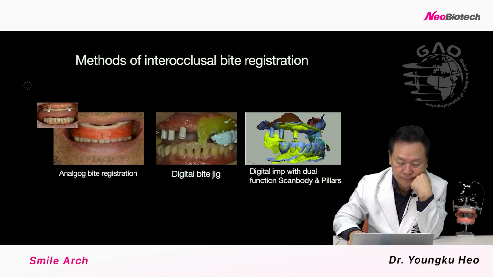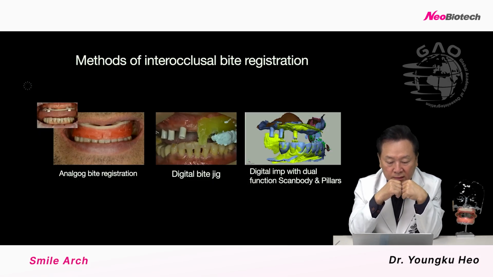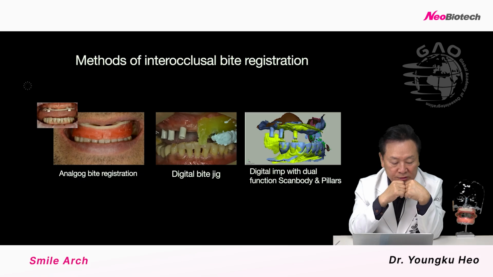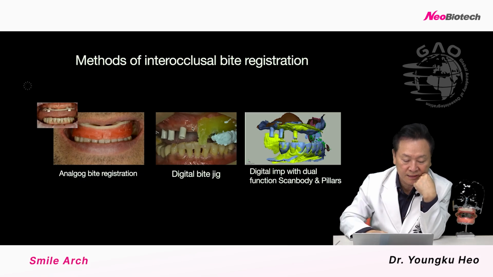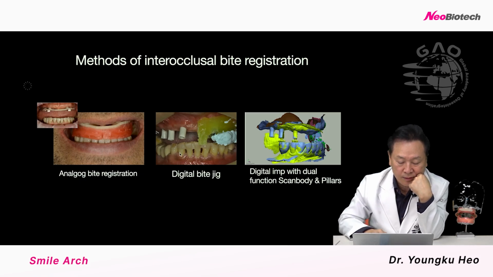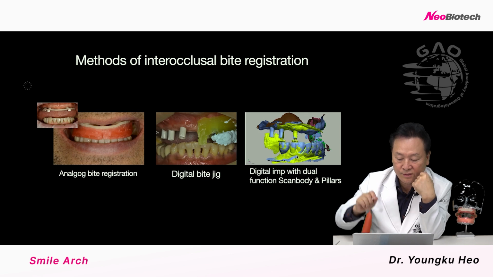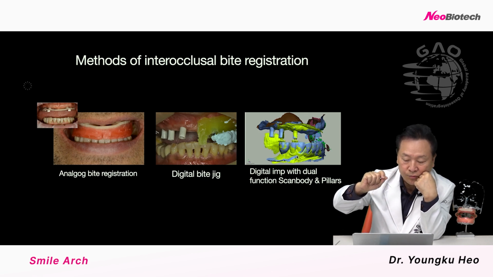There are many ways to get the occlusal bite registration. Many people use the analog bite registration, but it takes time. And we can also use a digital bite jig, but this is a lot of work. And also we can use some kind of scan body and pillars, and scan and ensure the bite registration.